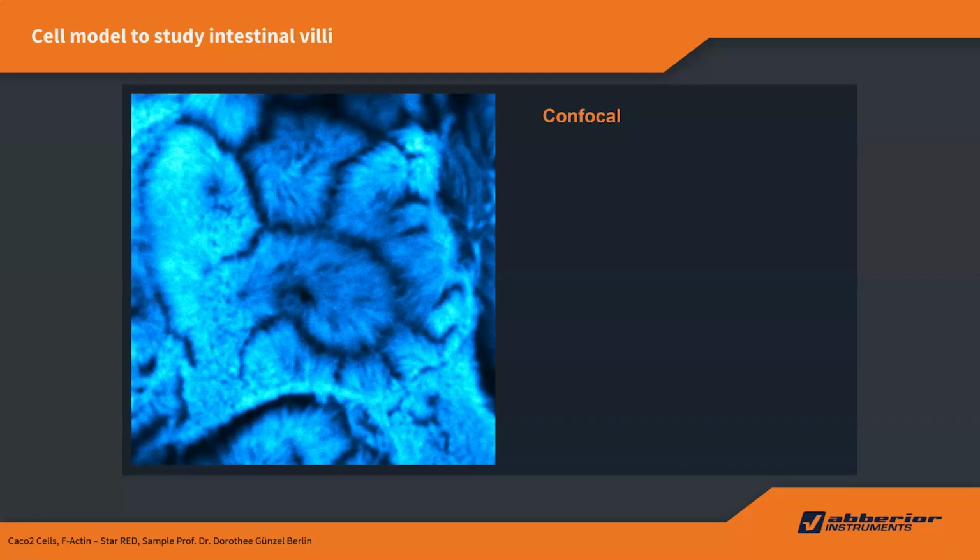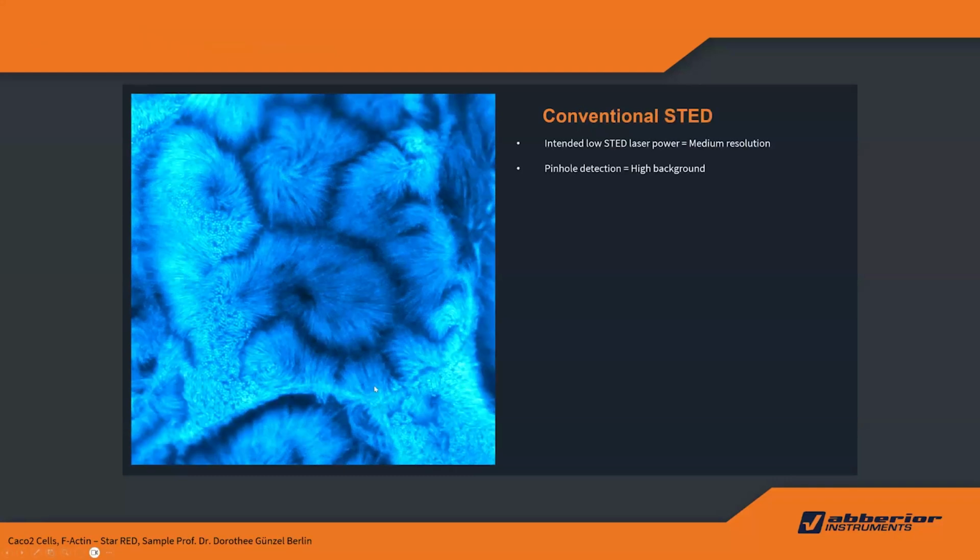However, the confocal resolution is poor. You cannot see details. With our optical STED, the resolution is much improved. You can see how the microvilli are either lying down or pointing now to you, right? The resolution is increased, the structure is very well resolved.